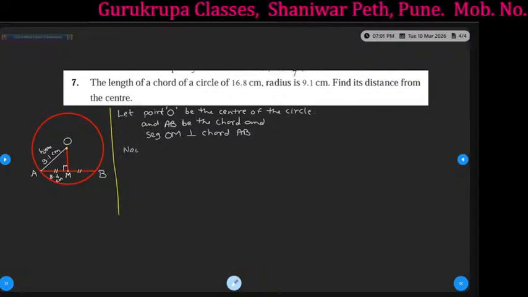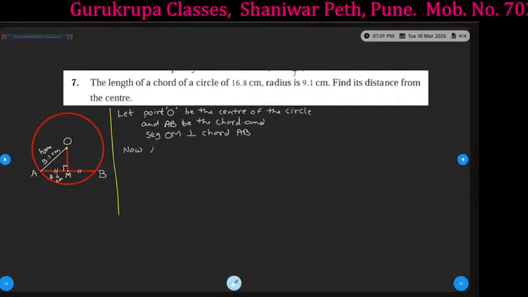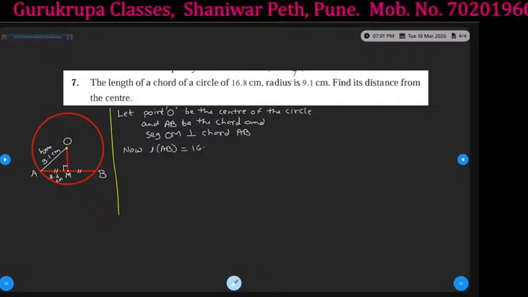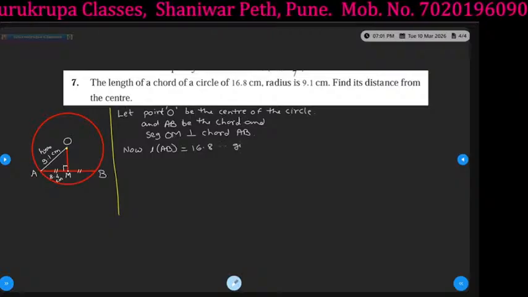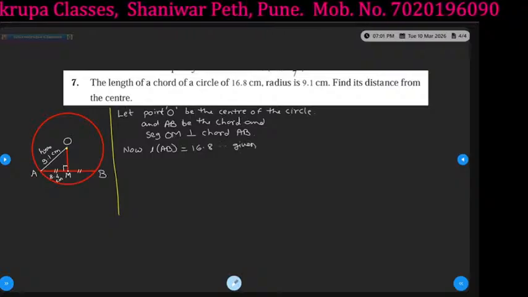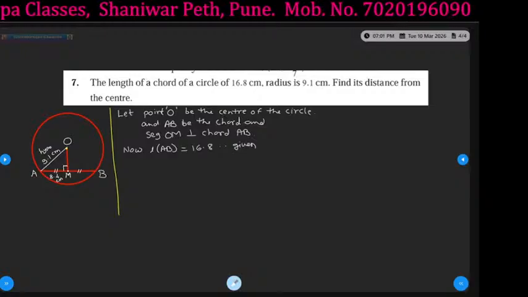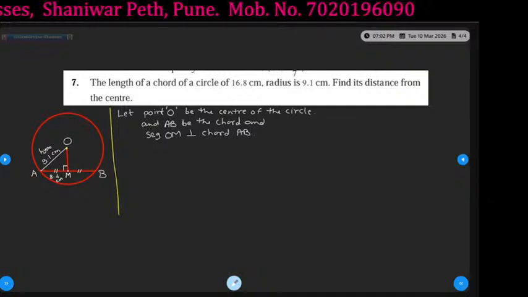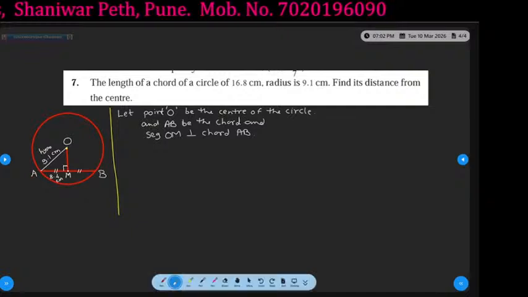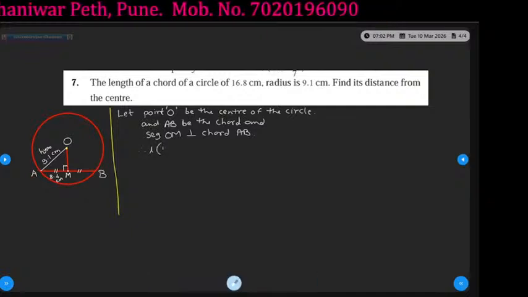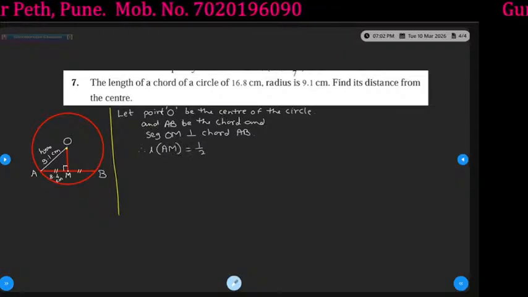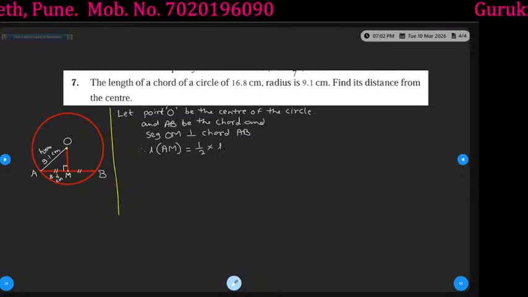Now, what are the measurements over here? Length of chord AB is equal to 16.8, given. Length OM is perpendicular to the chord AB. Therefore, we want length AM, half of the length of chord AB.